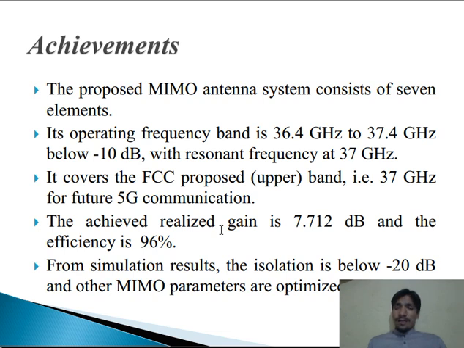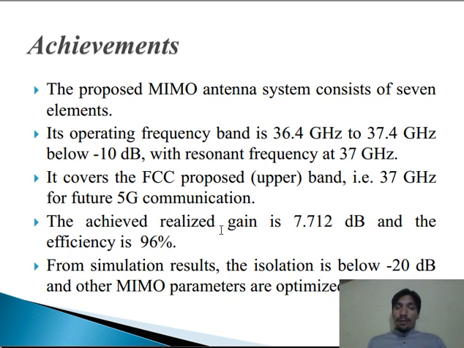Why are we designing the antenna for 37 GHz? This frequency range is allocated by the FCC, Federal Communications Commission, for 5G millimeter wave communication. The achieved realized gain is 7.7 dBi and its efficiency is greater than 96%.